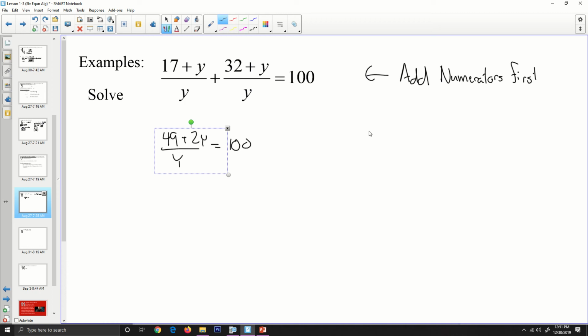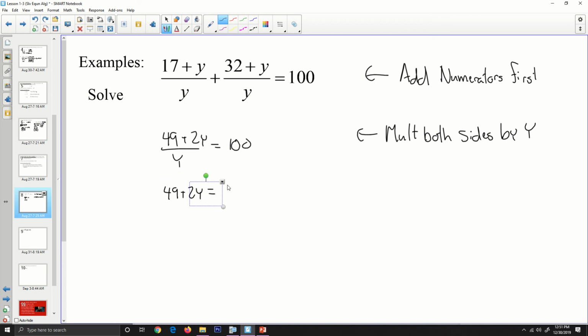All right. And then here I'm going to multiply both sides by y. So if I multiply both sides by y, I'll get 49 plus 2y equaling 100y.